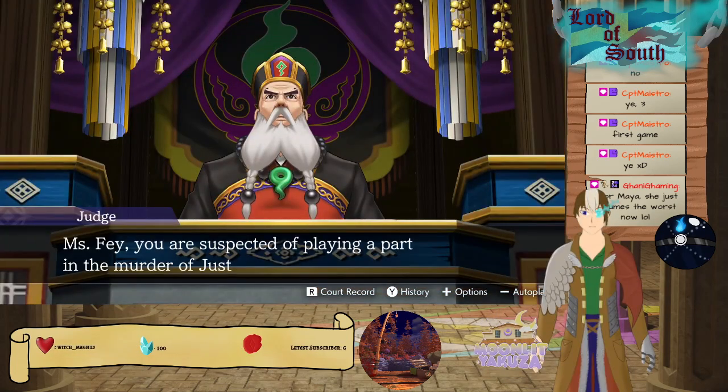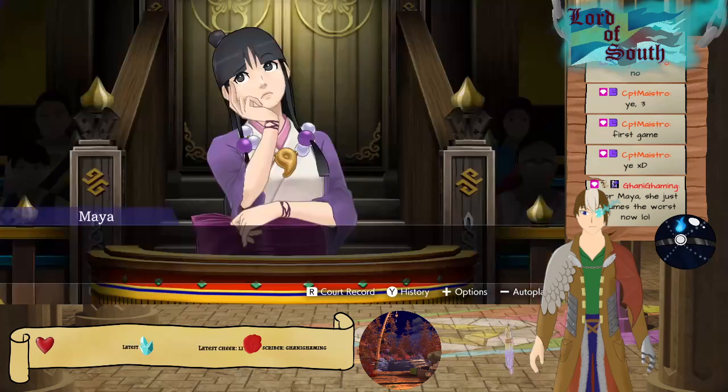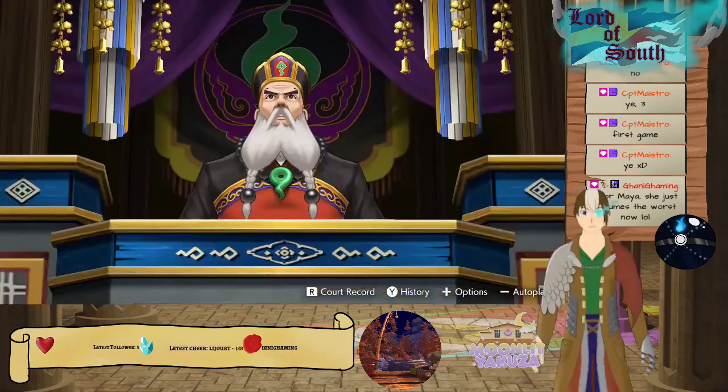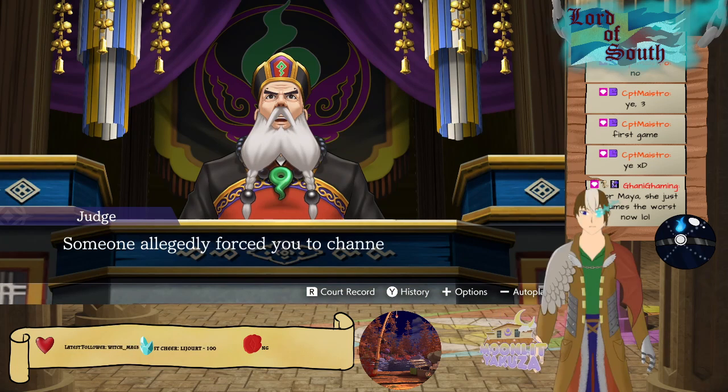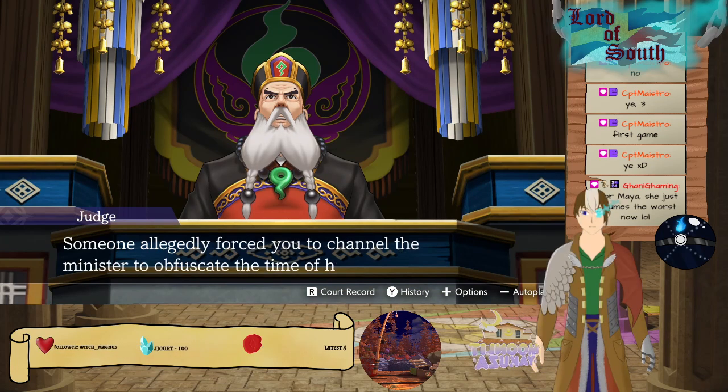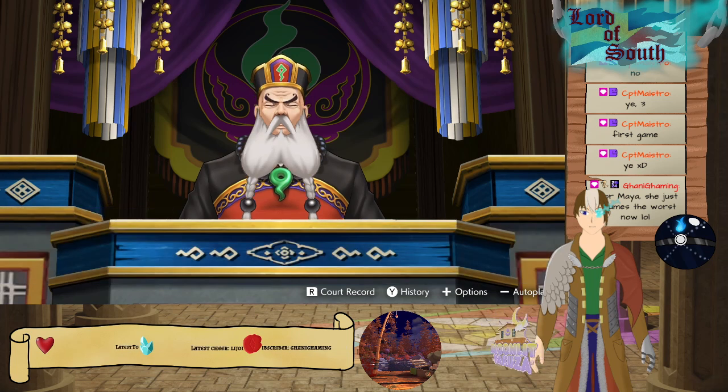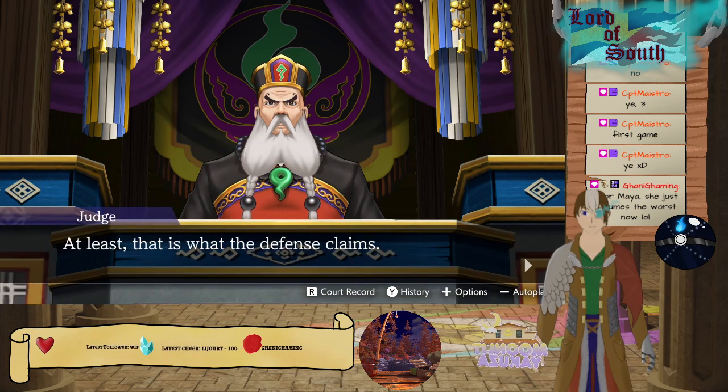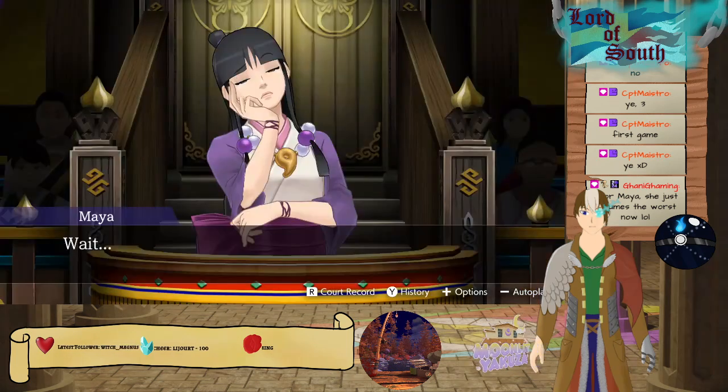Miss Fey, are you suspected of playing a part in the murder of Justice Minister Inga? What? Someone allegedly forced you to channel the minister to obfuscate the time of his murder. Obfuscate, that's a word. At least, that is what the defense claims.